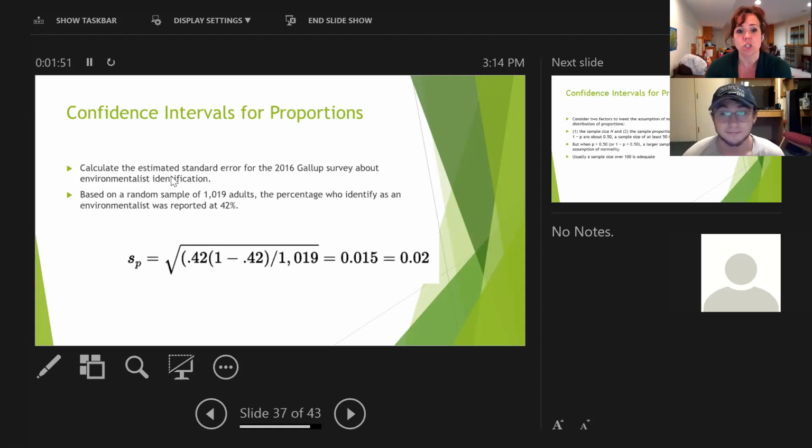So that's the proportion, that's my P. And then I do 1 minus P, and it's again divided by my N, okay, which ends up being 0.015. I have to do the square root. That gives me 0.02. That is my standard error of the proportion.